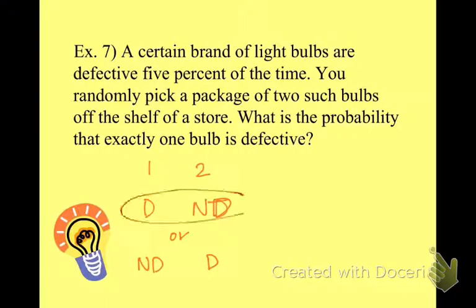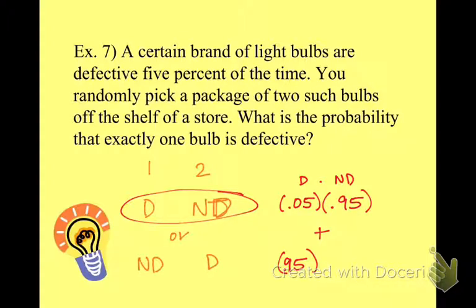So for this first scenario, since they're independent, it's like saying defective, which is 0.05, and not defective is 0.95. So defective times not defective. Plus, the second scenario is my first light bulb is not defective, so 0.95 times 0.05, which would be not defective and defective.